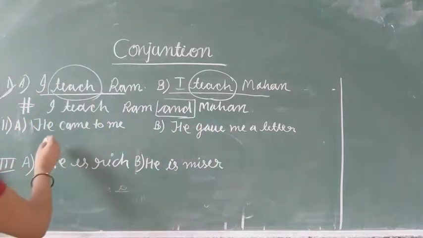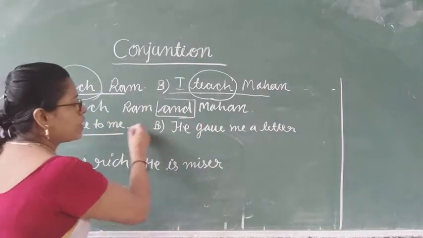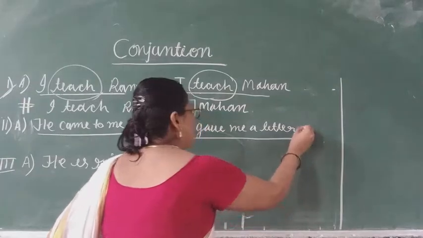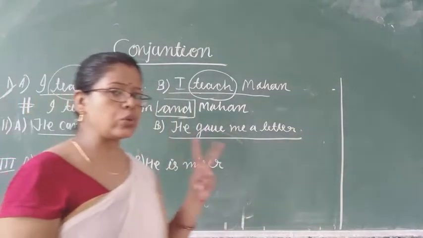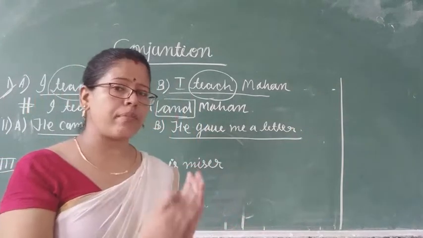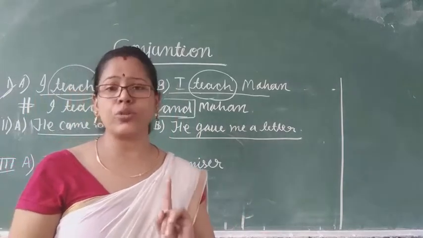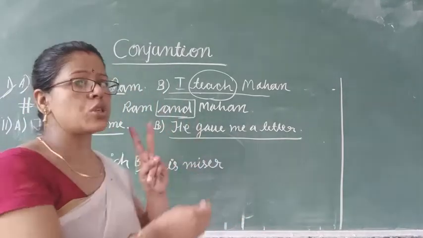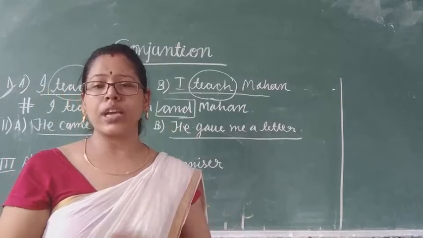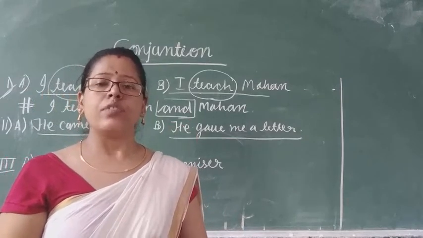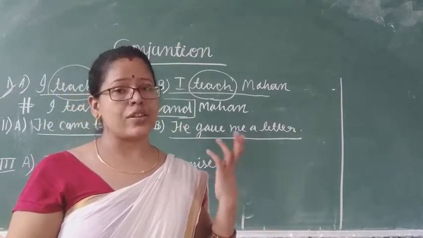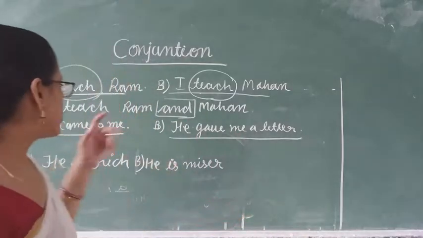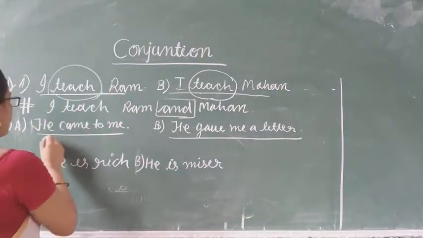Now come to the another sentence. He came to me, he gave me a letter. Okay? You can see here two sentences. We have to combine and we have to make one new sentence after combining these two sentences. And how we can combine? We know very well by using what? Conjunction. Alright. So here let's move ahead.